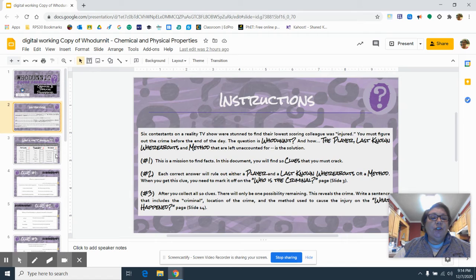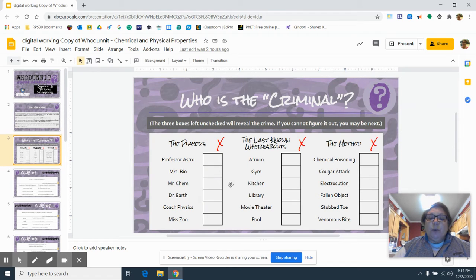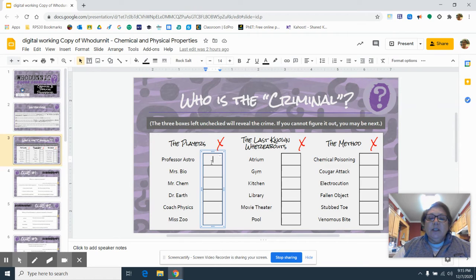Okay, so here's what you do. This right here is where you are going to eliminate your suspects. If, let's say, Professor Astro is eliminated, you just put an X in there. If the kitchen is eliminated, you put an X there. That means they are no longer an option of who did the crime.